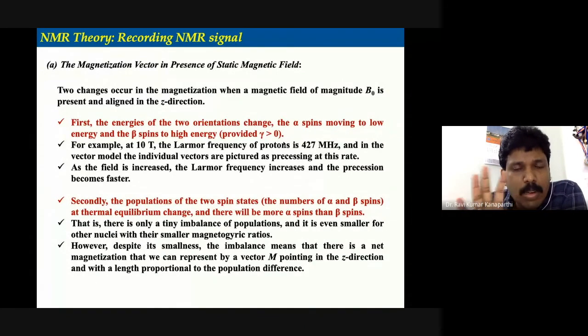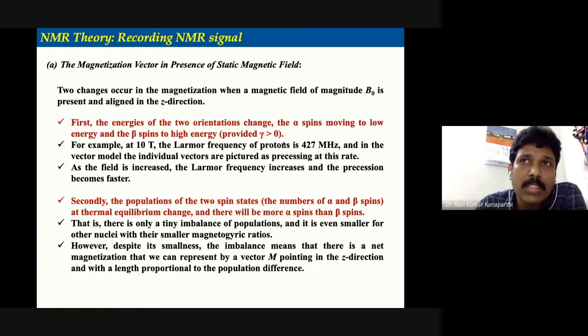So this is what exactly happens. Not only that, there is another thing that also happens: the population changes. The orientation is one thing, and the population is another. A thermal equilibrium is established between the alpha and beta spins. The aligning with respect to the applied magnetic field and opposing it is one thing.